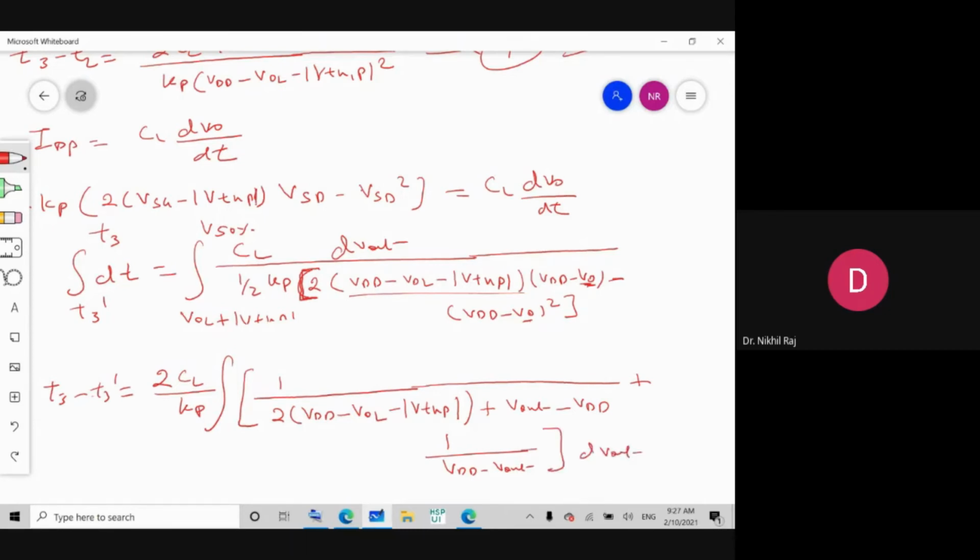So just cross check. Once you solve, you should get back this expression and put the limit VOL plus mod of VTH of P, and here you will get V 50%.